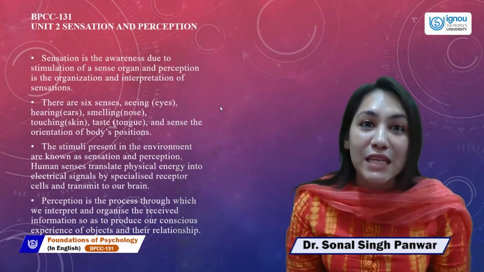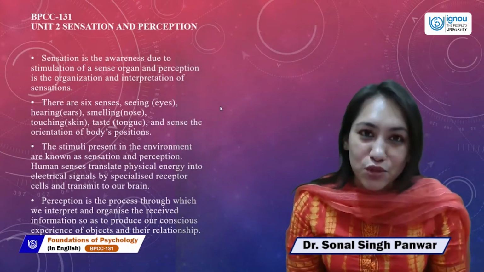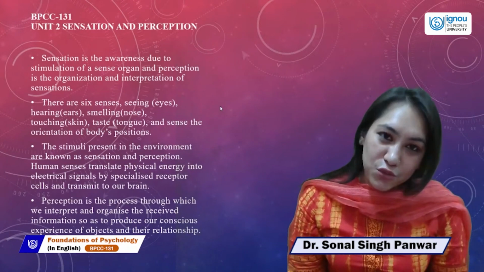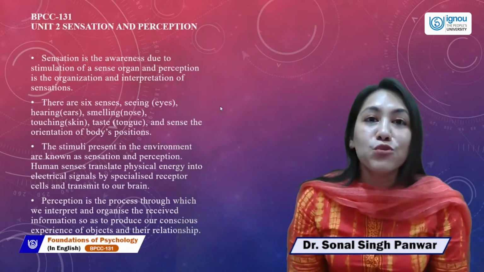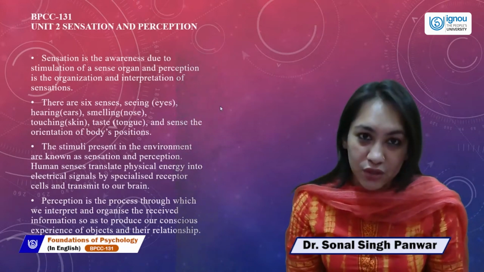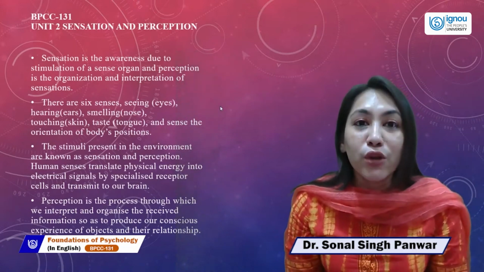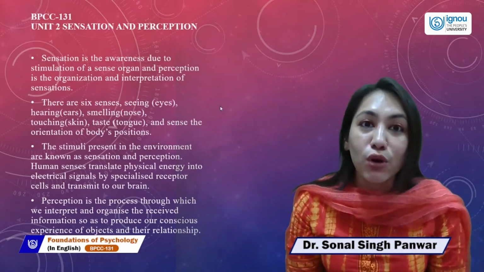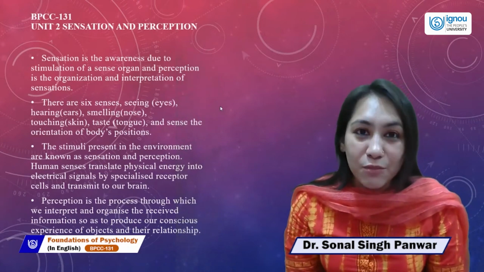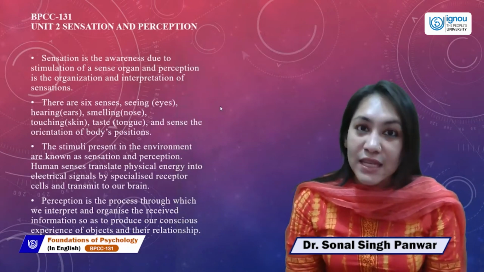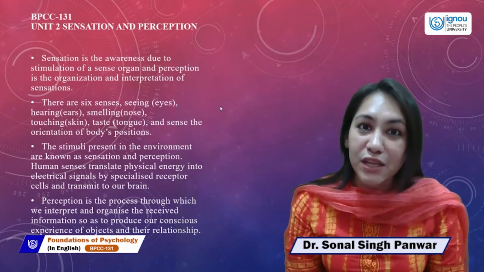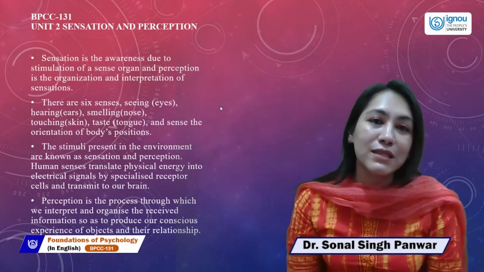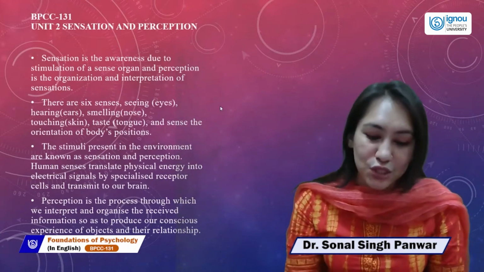This is interpretation, which is perception. So perception is a process through which we interpret and recognize the received information to produce some conscious information. And remember, perception will always happen in your conscious mind. We studied unconscious and conscious before. It does not take place in your unconscious, something that you cannot draw out. It will always take place in your conscious mind.